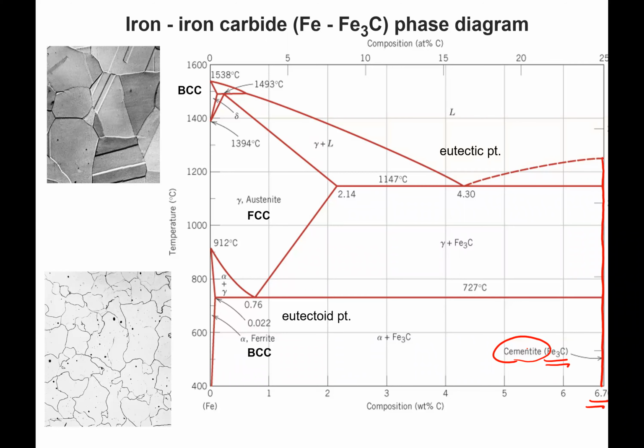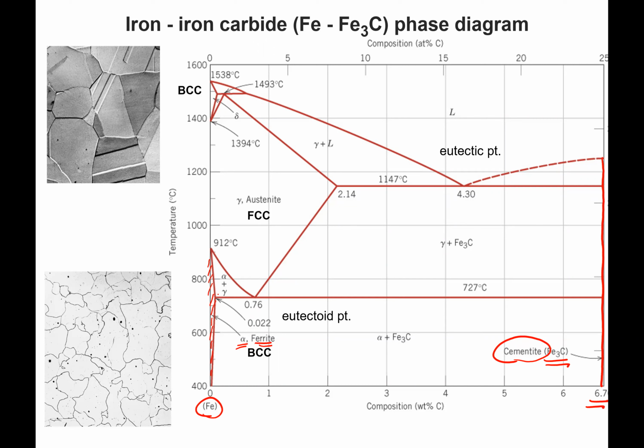On the left side, we have iron, and iron at room temperature is referred to as ferrite or alpha iron. Okay, so it's a body-centered cubic structure and has very, very little solubility for carbon. So this tiny region over here is the region for ferrite, alpha iron.